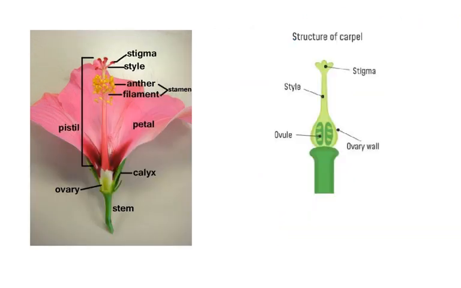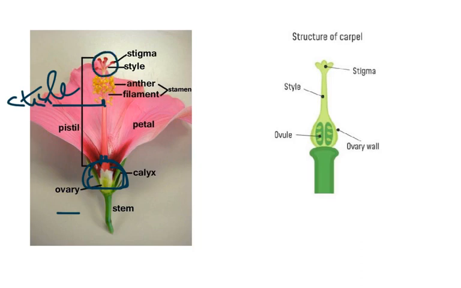The next part is pistil. Pistil is the female part of a flower. Pistil consists of 3 parts. If you see at the bottom, the bulky portion is called ovary, and a tube-like structure is called style, and at the top a sticky structure called stigma.